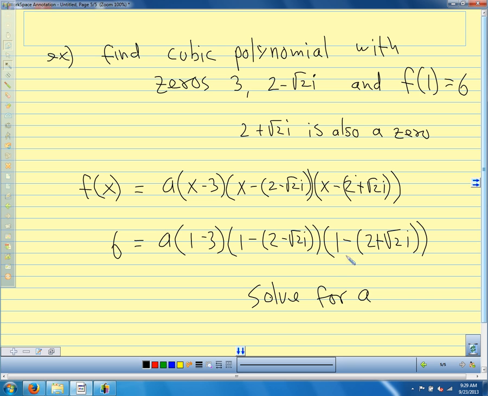So I just do this arithmetic. Here I'm just multiplying these out. And this equals 6. When I plug in 1 for x, I have to get 6 out of my function. So I'm just solving for a. We did this exact same kind of problem with quadratic polynomials, where we solve for a out in front. All right, questions on that problem?